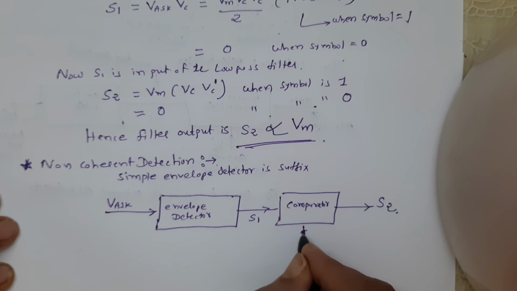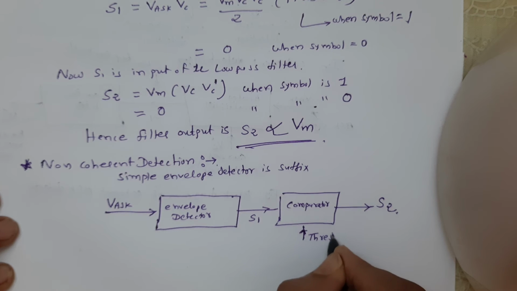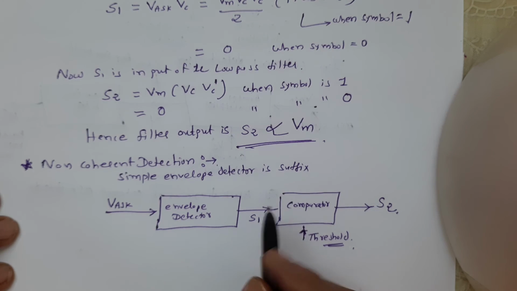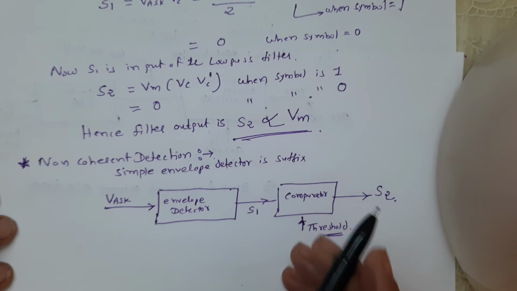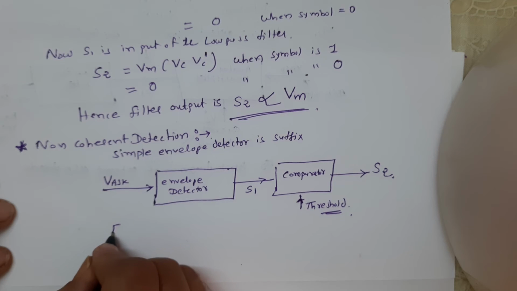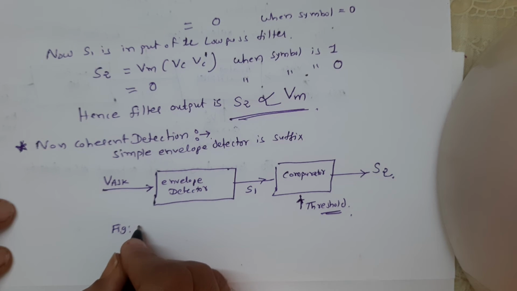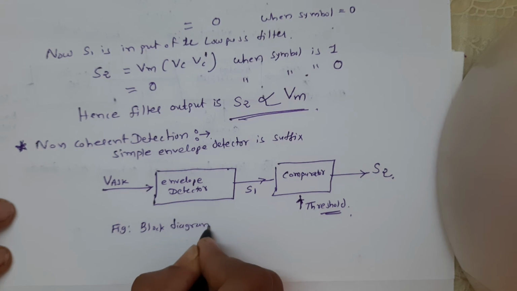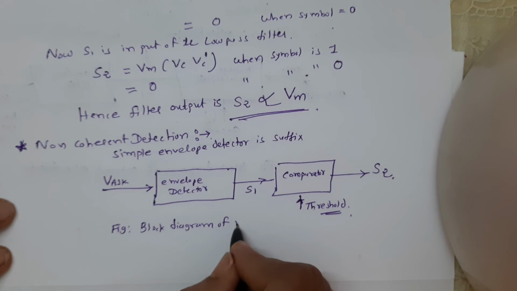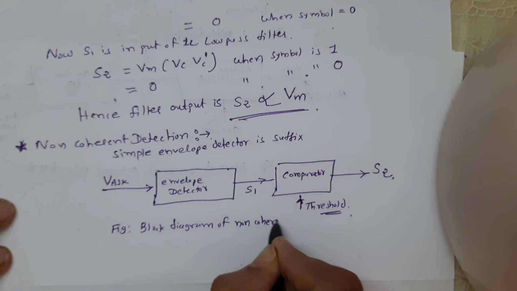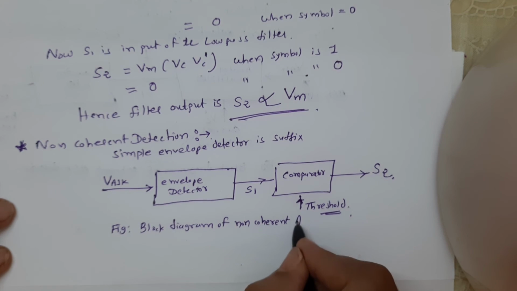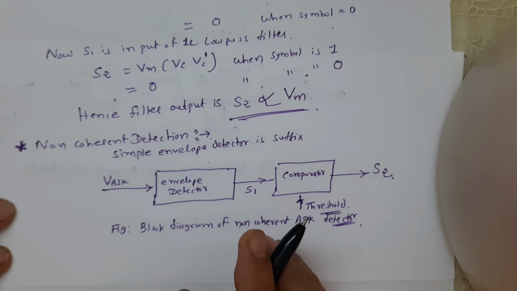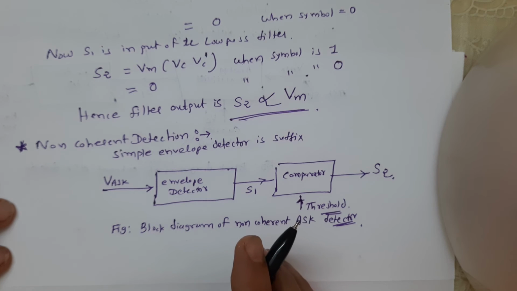Here there is a threshold. The figure shows the block diagram of the non-coherent ASK detector.